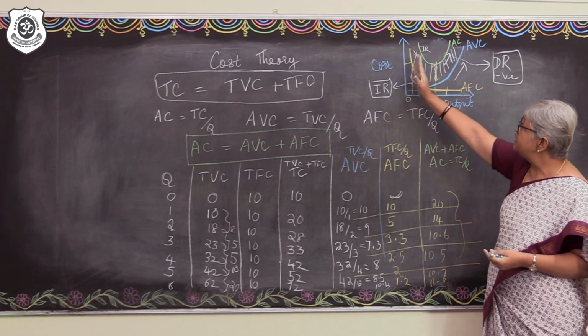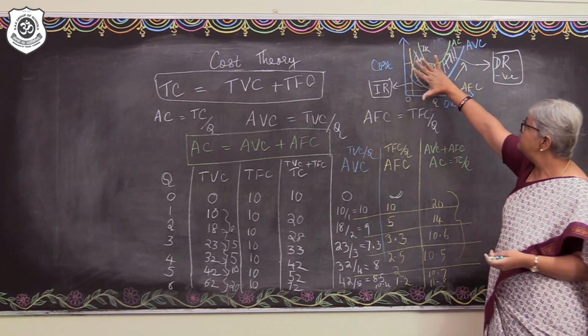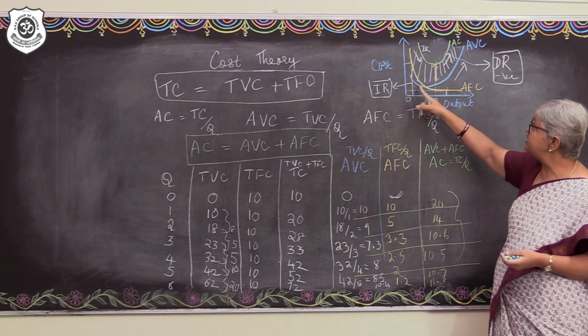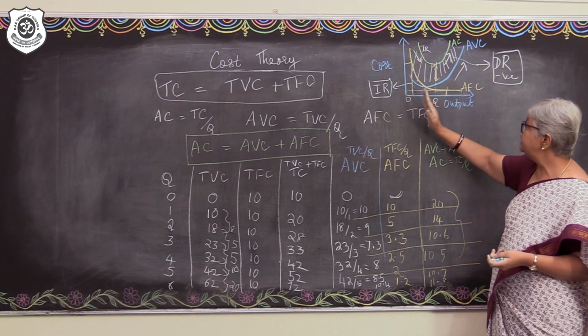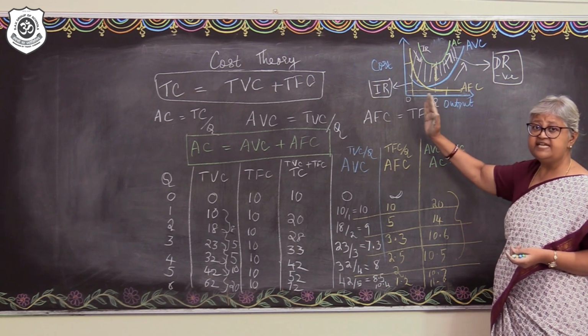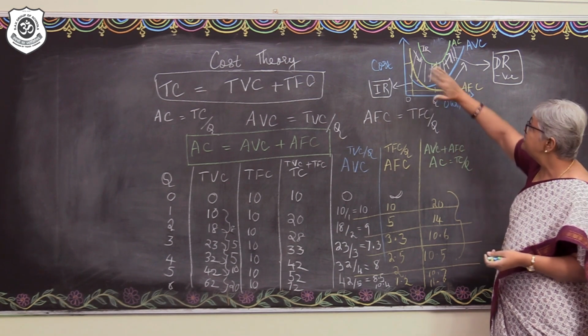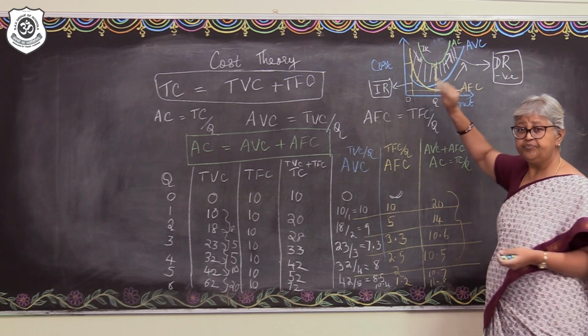Fine. On the left, while both the costs are falling, the vertical distance between the average cost curve and the average variable cost curve is much wider. But then as the output increases, even as more and more output is produced, fine, the distance between the AC and the AVC is going to shrink. Right?